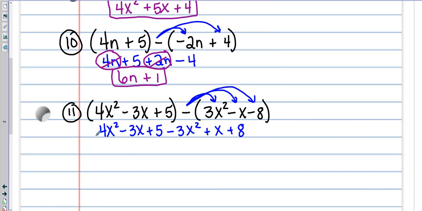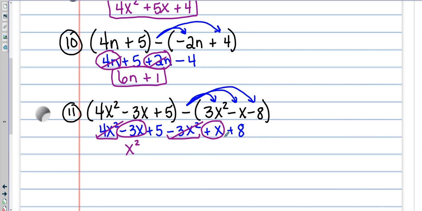Okay, so I'm going to look at my 4x squared first with negative 3x squared. When I combine those two, I end up with x squared, and it's positive. Next I'm going to look at my negative 3x, not squared.